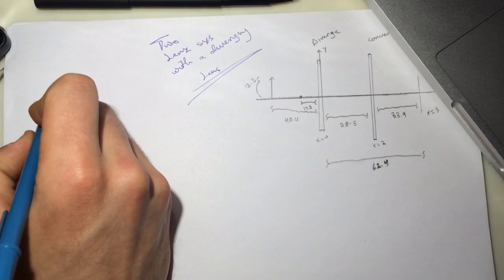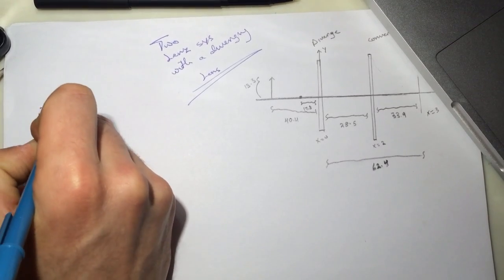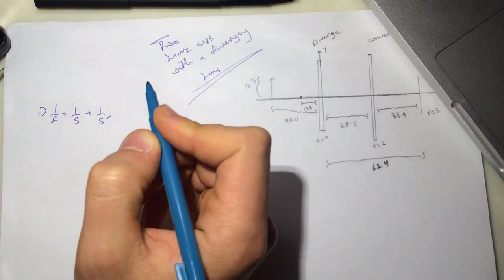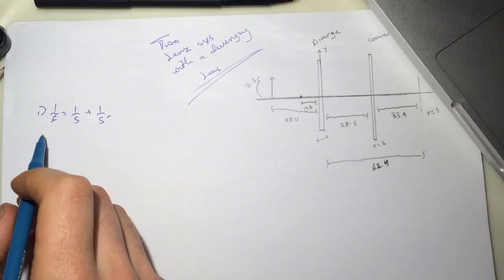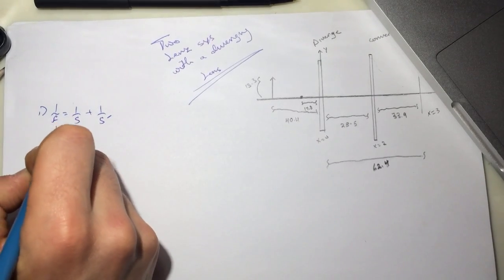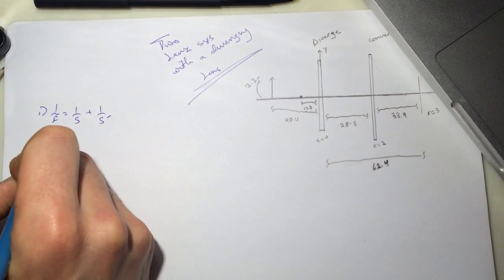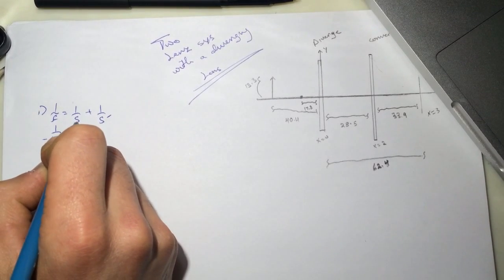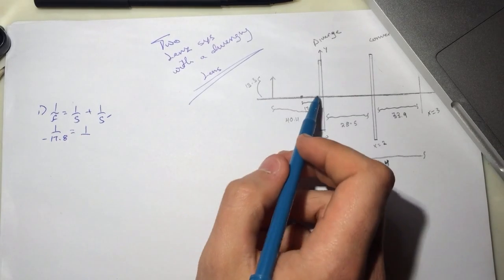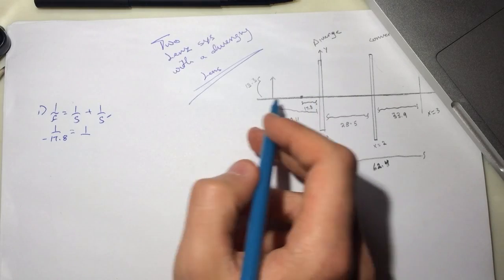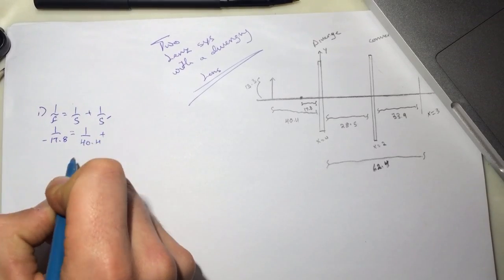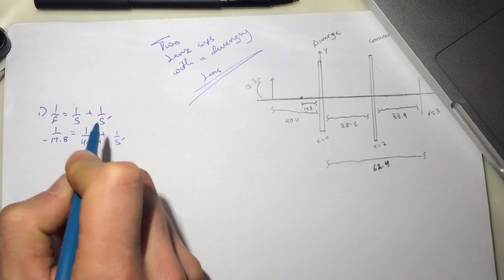Okay, so let's do 1 over f equals 1 over s plus 1 over s prime. So the f is negative 17.8, equals 1 over s, where s is the distance between the object and the lens, which is 40.4, plus 1 over s prime.